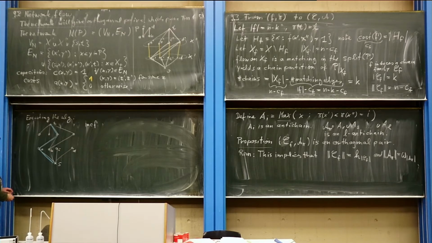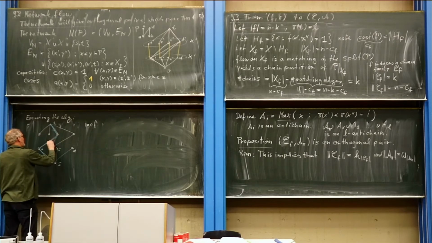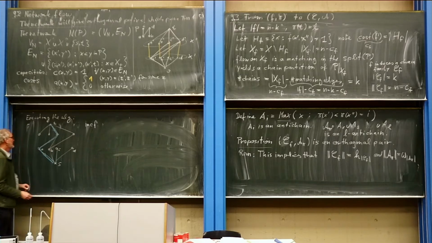And now these three edges which carry flow are backwards edges in our auxiliary network.